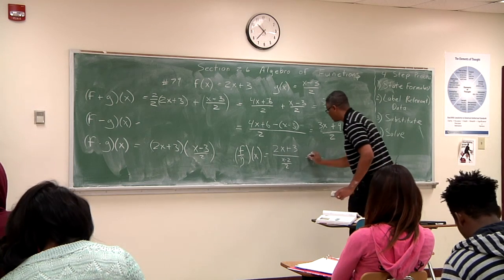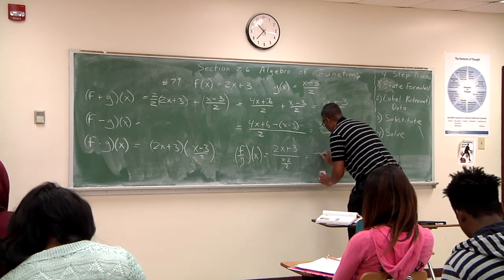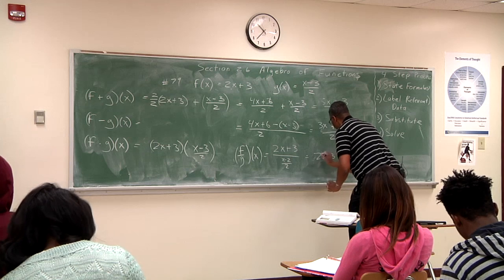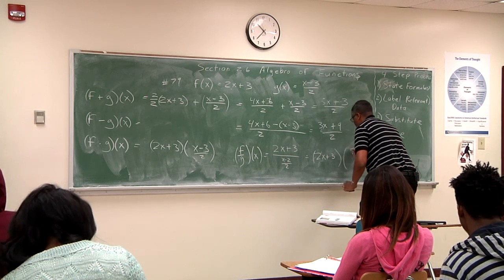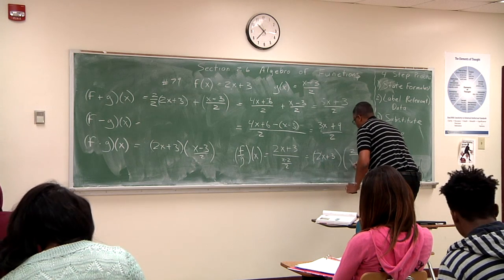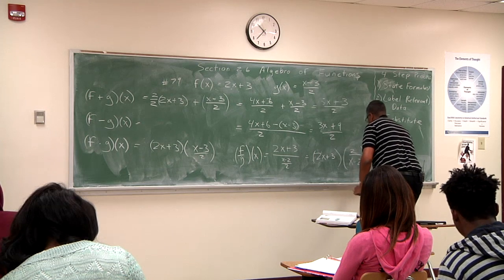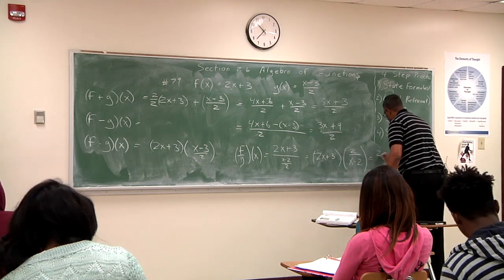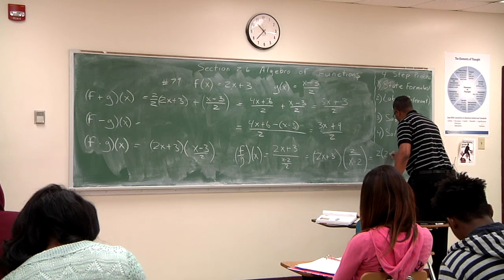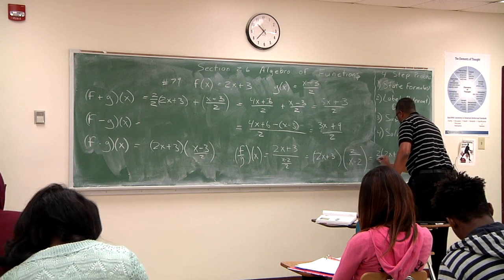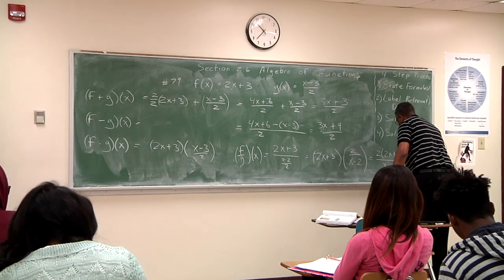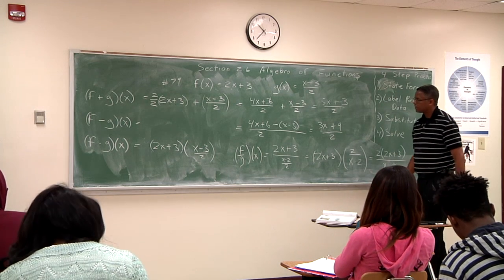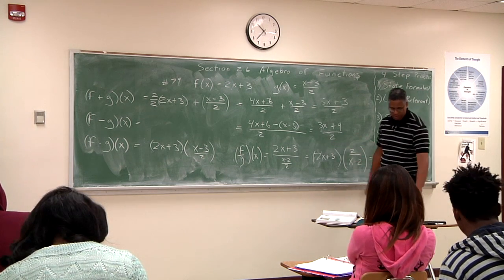Reciprocal, so that's going to be (2x plus 3) times 2 over (x minus 3). So the final answer will be 2 times (2x plus 3) over (x minus 3). All right? So that's the quotient.